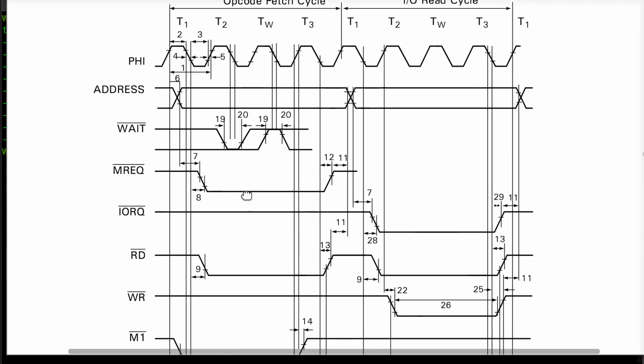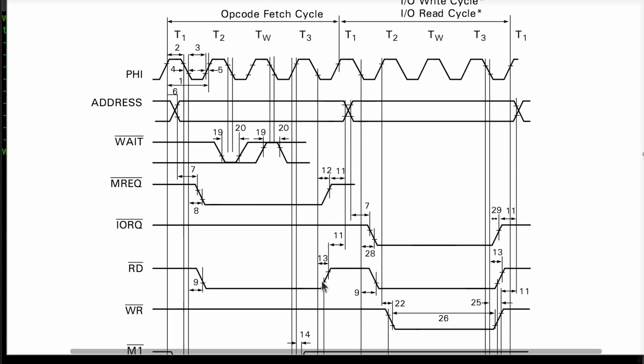It'll go low. It's active low from the processor, and read at the same time. So you basically put these through an OR gate, and whenever that OR gate is true, you've got MREQ and read both active at the same time, which means I want to read from the memory at the address that's in the address bus that is shown up here.